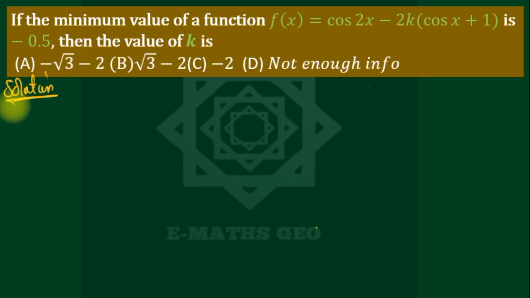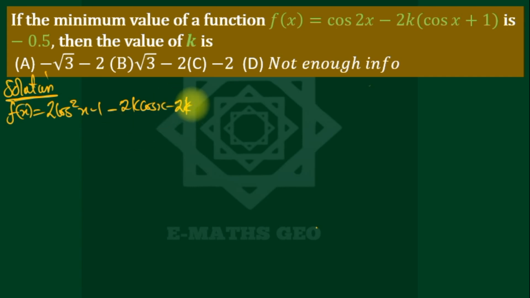So the first thing, let's rewrite this. From the double angle identity, cos 2x is 2 cos squared x minus 1. So we'll open up this, we have minus 2k cos x minus 2k.